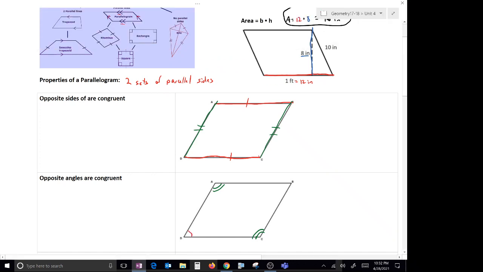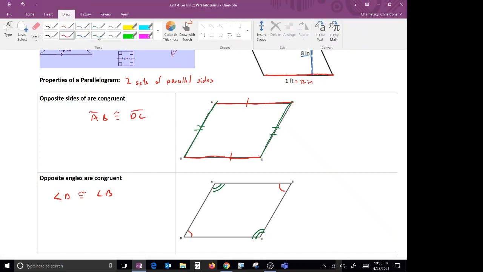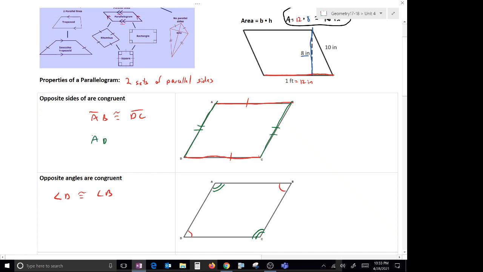Also angle D and angle B. Let's write down those congruent sides. So AD was congruent to BC. And down here we had angle A congruent to angle C.